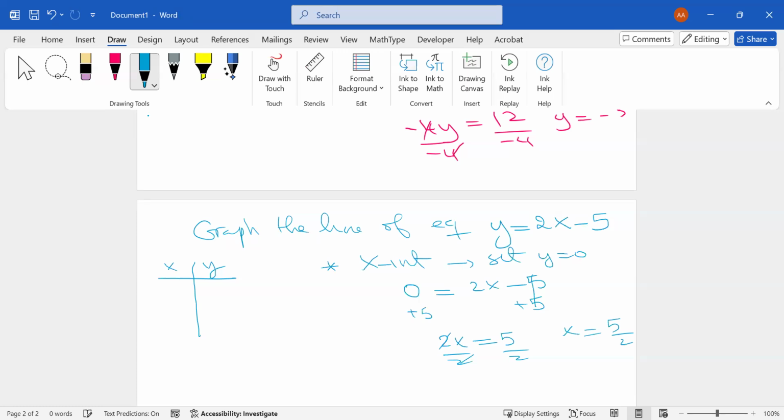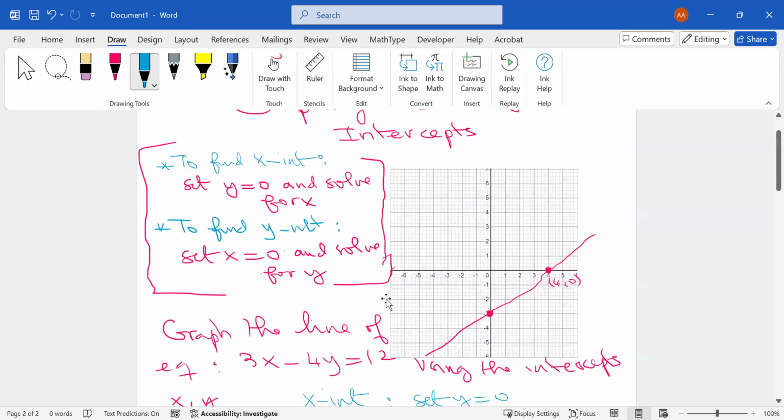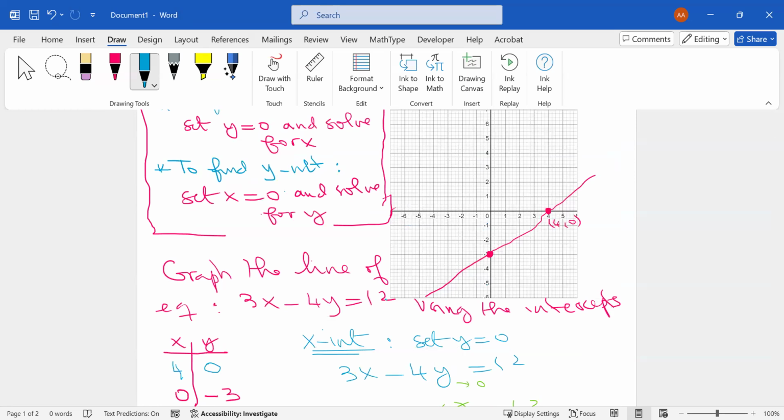Don't be surprised if your answer is a fraction. A fraction is just a number. So x is 5/2 in this case, and y is 0. We go back here and plot the point 5/2, which is 2.5, which is about here. That's 5/2, 0.